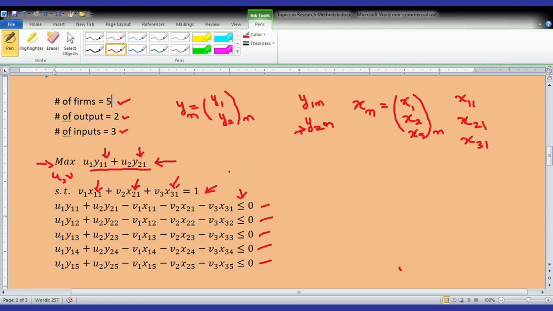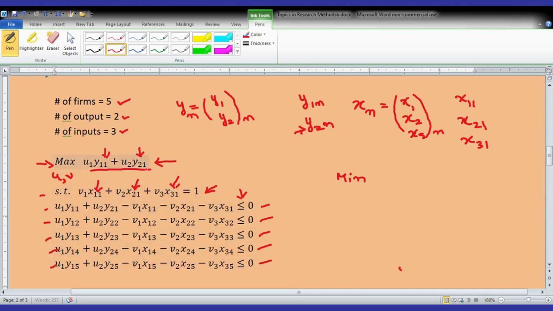Now we want to convert this maximization problem into its dual, and of course the dual of this problem will be to minimize. There are these 6 constraints: first constraint, second, third, fourth, fifth, and sixth.